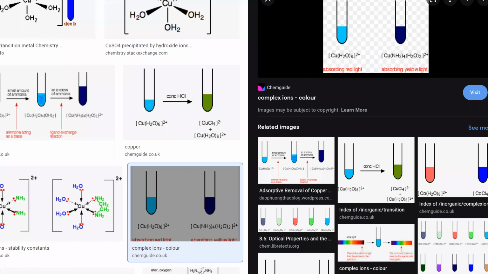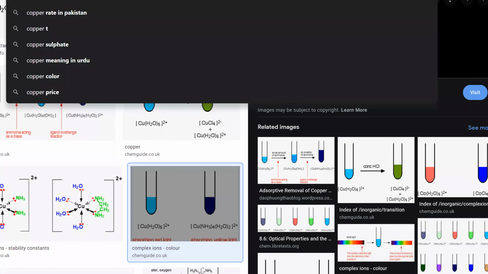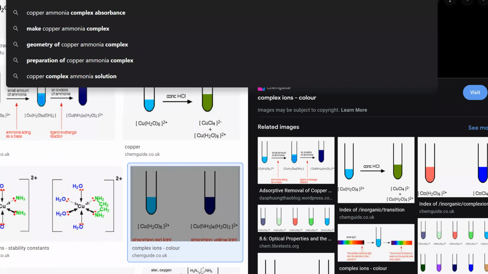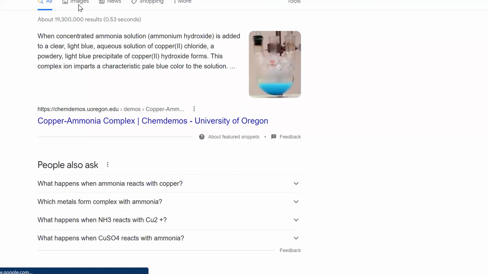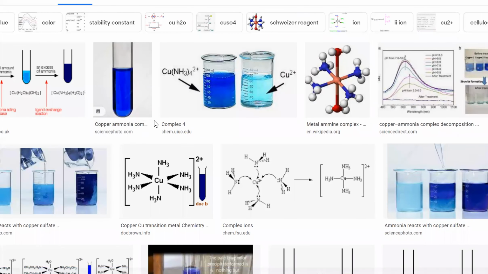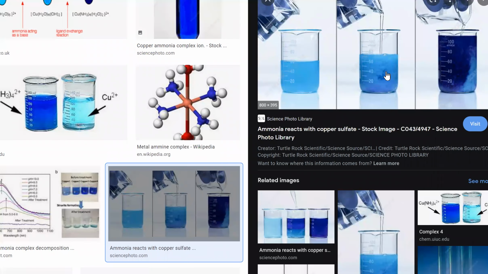So I just wanted to show you the copper ammonia complex. This is a good description of what happens when you add ammonia. You got a blue solution, now you have a very, very deep blue solution.